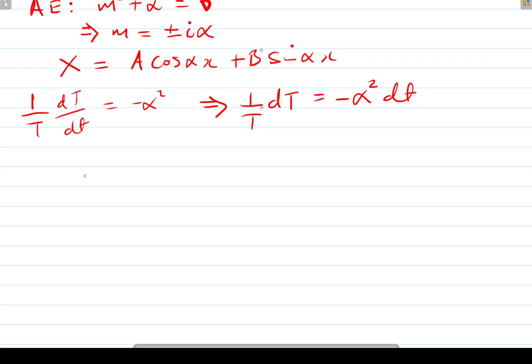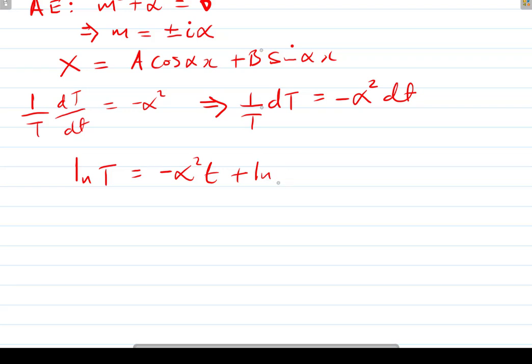Once you integrate directly, you have ln T equals negative alpha squared t, plus some arbitrary constant. Which letter should I use for the arbitrary constant?